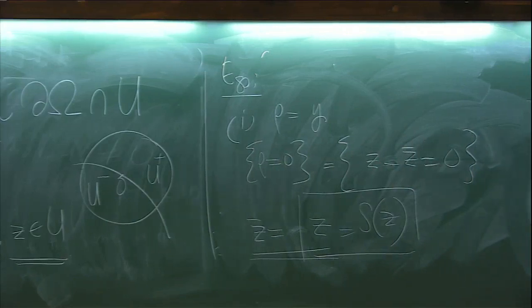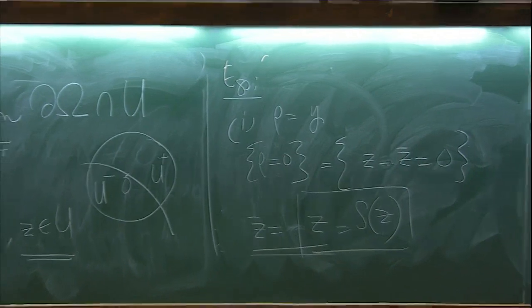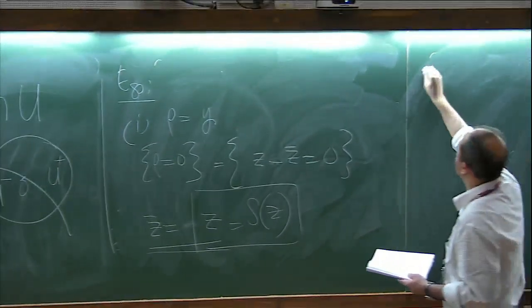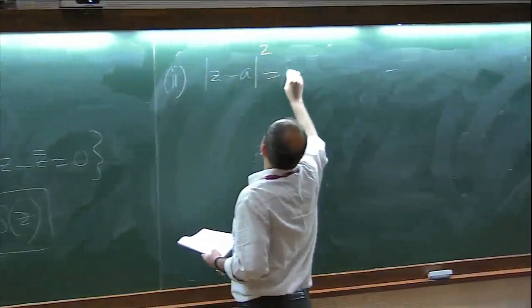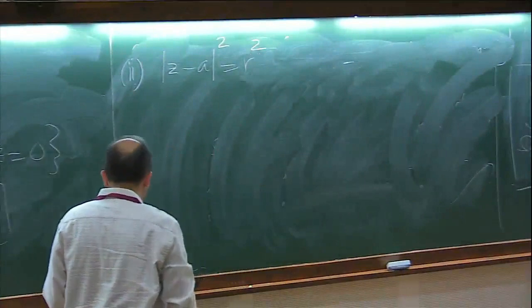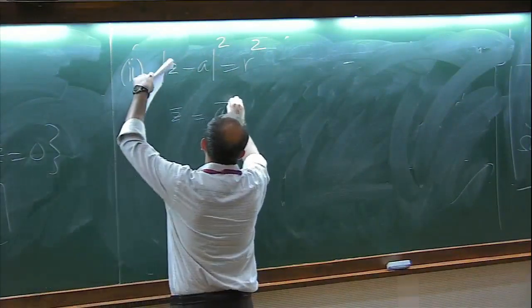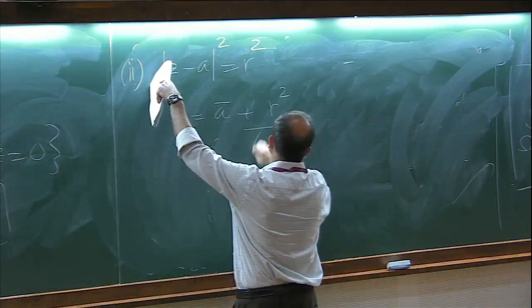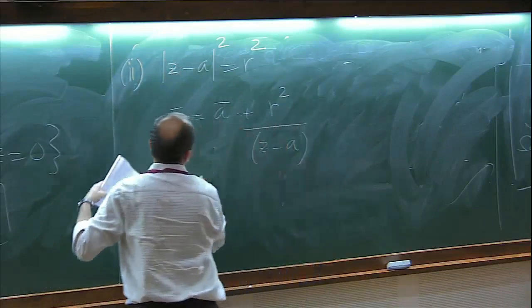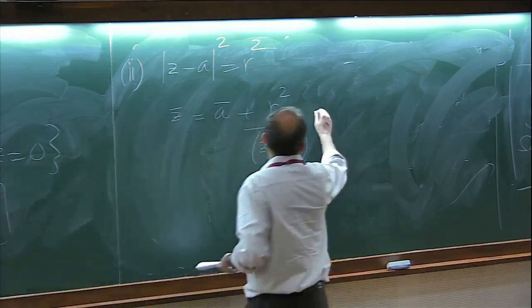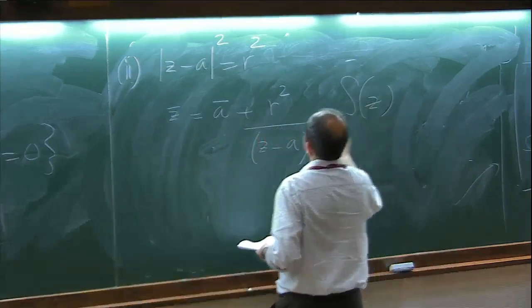Let's look at the case of a circle. Let's take modulus z minus a squared equals r squared. So I can write z bar as a bar plus r squared over z minus a. So solving z bar in terms of the other variables, this is the Schwarz function right here.